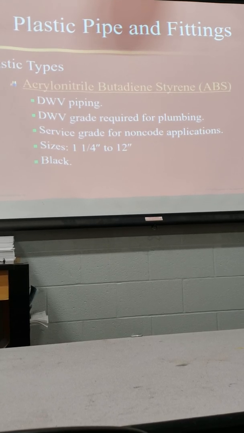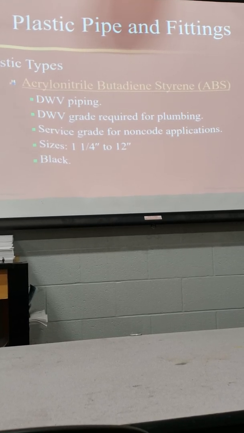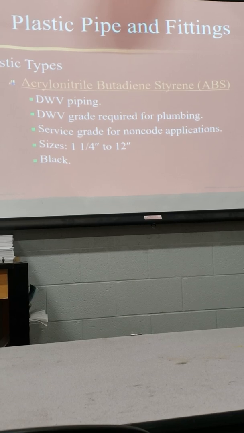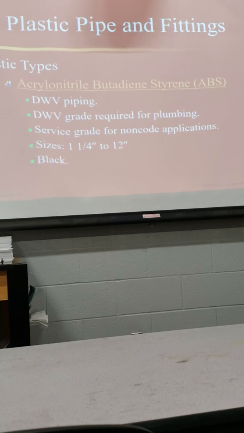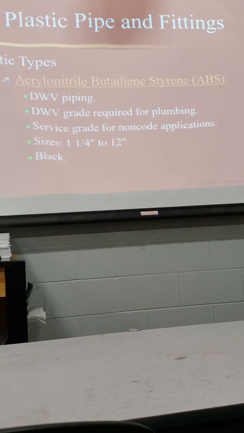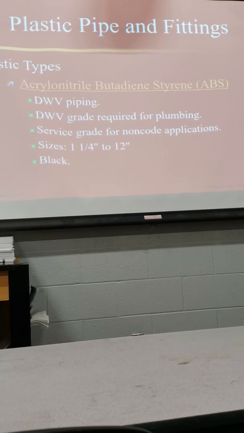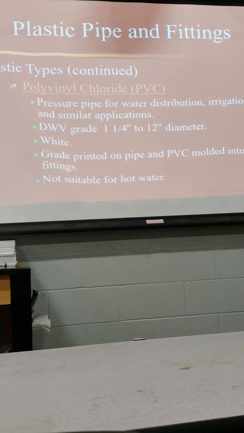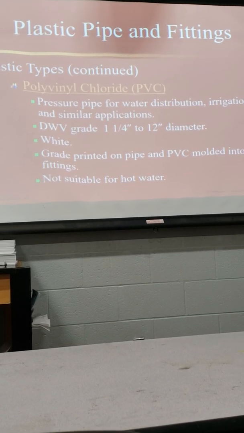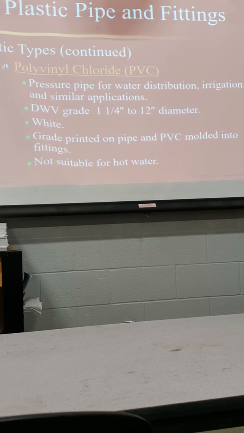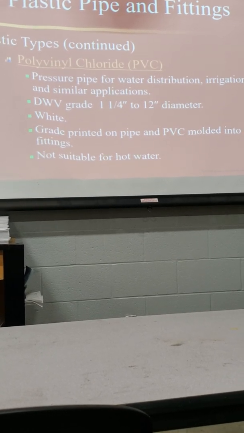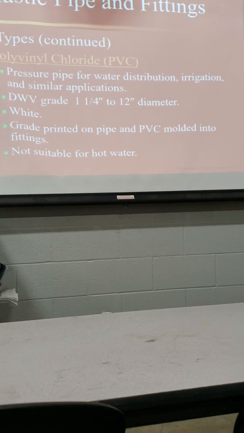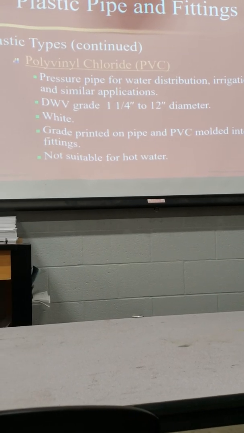We won't see a lot of ABS in this area, unless you get into some mobile homes. Mobile homes made in a different area will use ABS pipe because that's what's more readily available. Alright. PVC, or polyvinyl chloride, alright, pressure pipe for water distribution, irrigation, and similar applications, or a DWV grade from 1.25 to 12 inches in diameter.